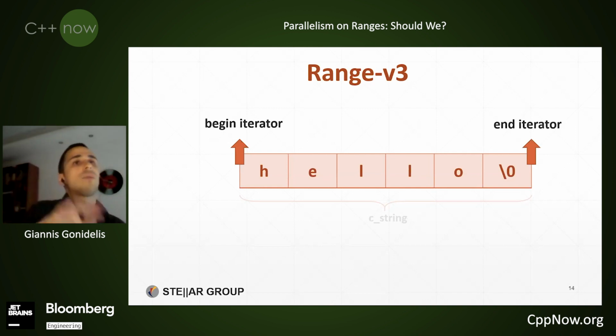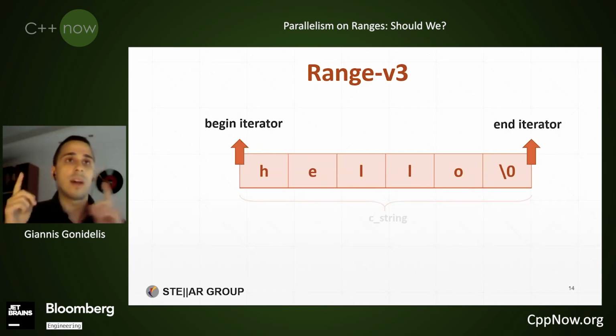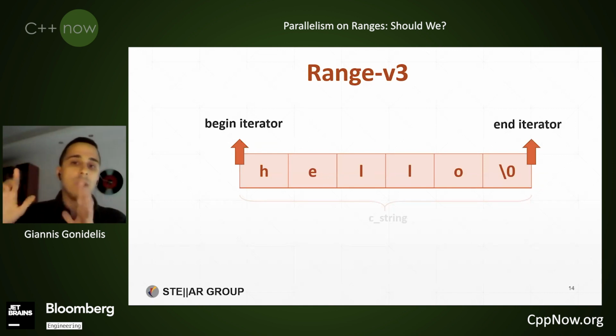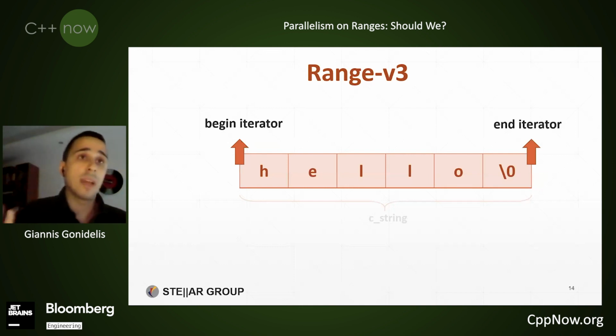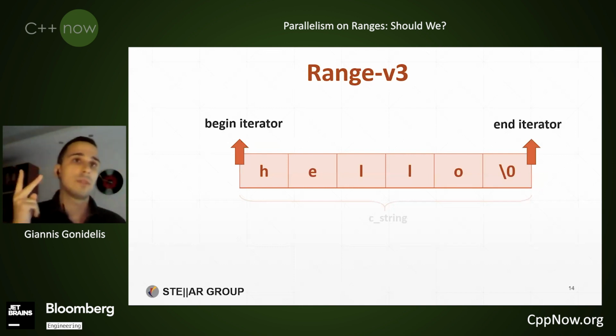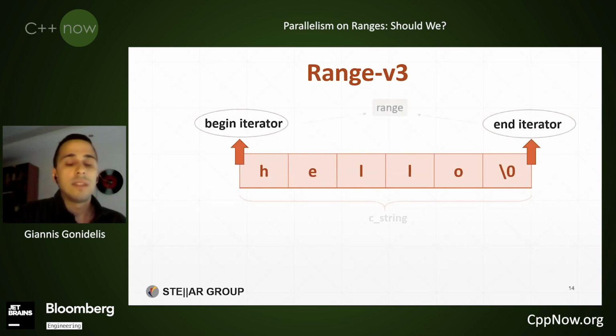So let's say I wanted to make a certain operation with my C string. What I need to do is to actually iterate over the C string twice. The reason was that I need to actually spot the null terminator and find the size of my C string, and then apply my operation. So this required two passes. And this was the case until range v3.